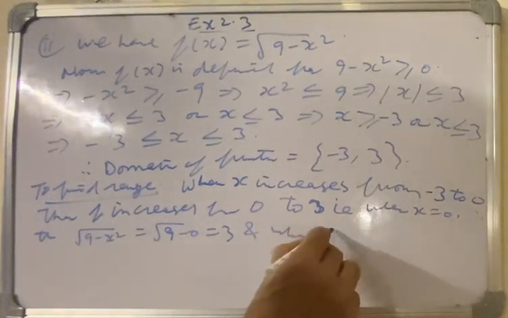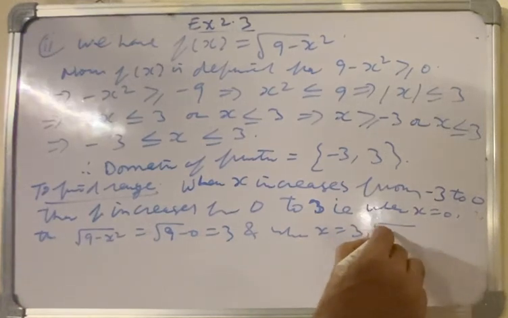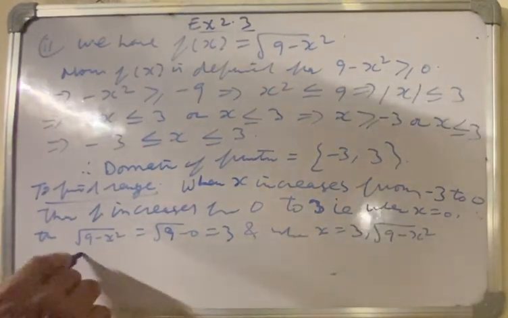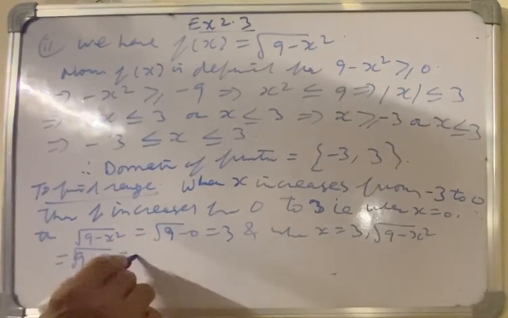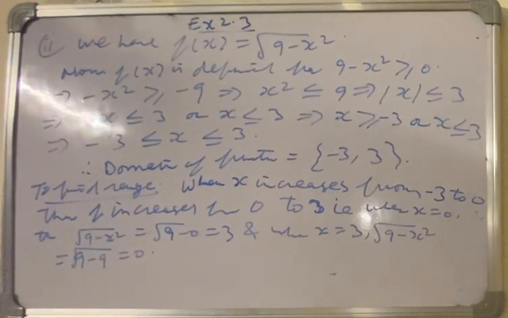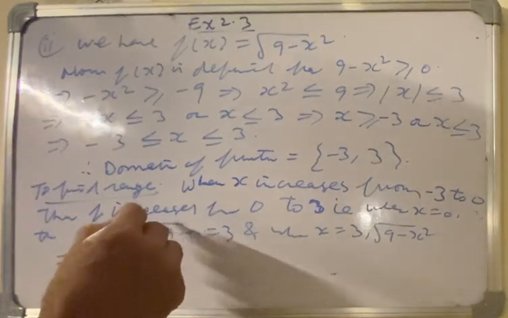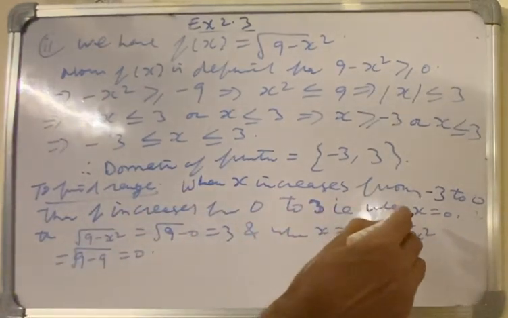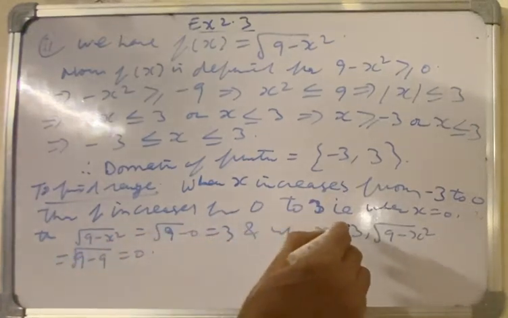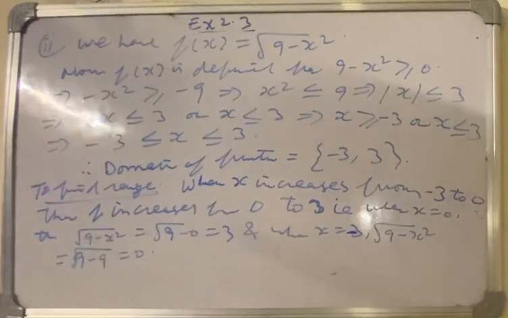And when x is minus 3, then 9 minus 9 is 0, so we are getting 0.